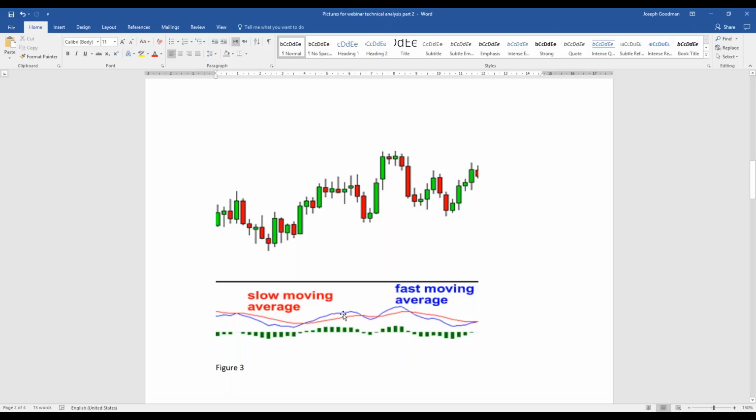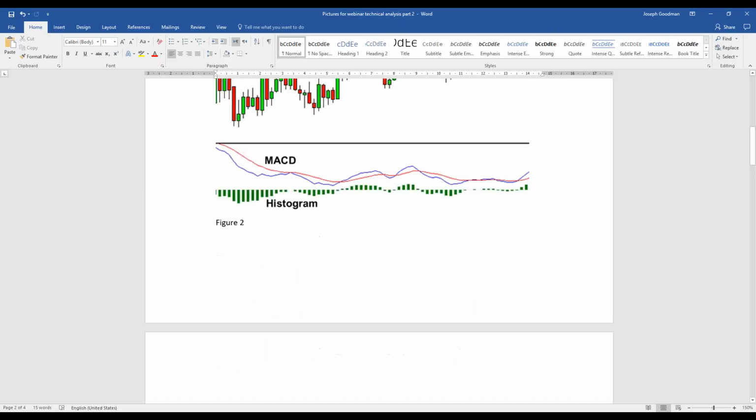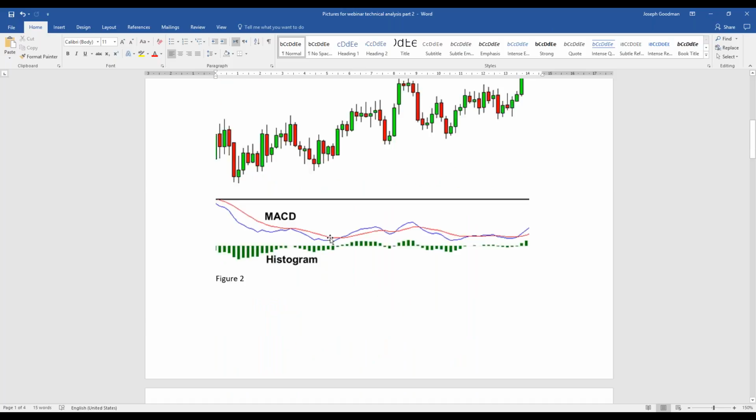This is the moving averages diverging away from one another. And where can we see that? See it here as well. Here the histogram gets bigger as the two lines diverge from one another. As the moving averages get closer to each other, the histogram gets smaller. And this is called convergence, because the faster moving average is converging or getting closer to the slower moving average. And this is where the name MACD comes from: moving average, convergence, divergence.